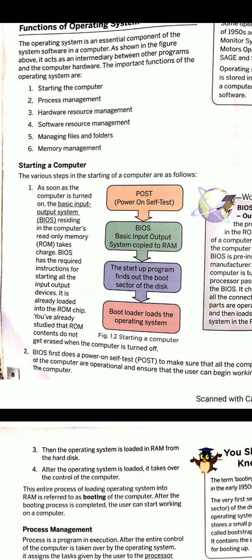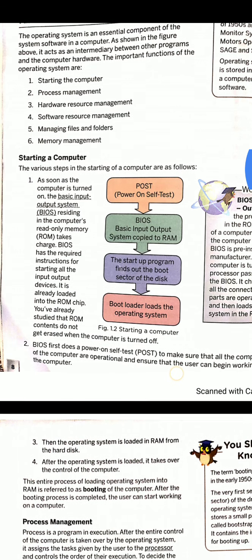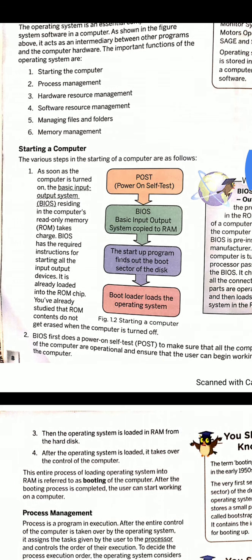Now we are going to discuss the first function of operating system, that is starting a computer. The various steps in starting a computer are as follows. First, the POST process. Second, with the help of BIOS and the bootstrap loader program, we operate the computer.